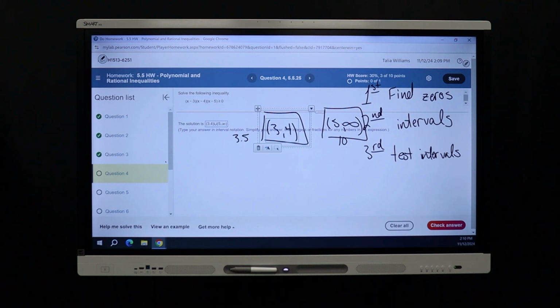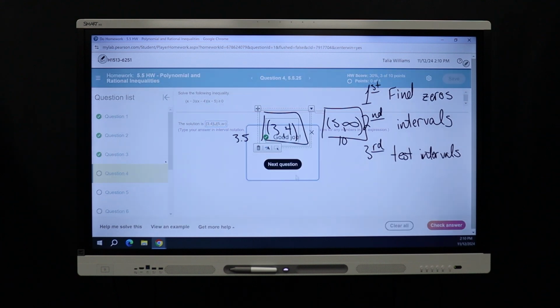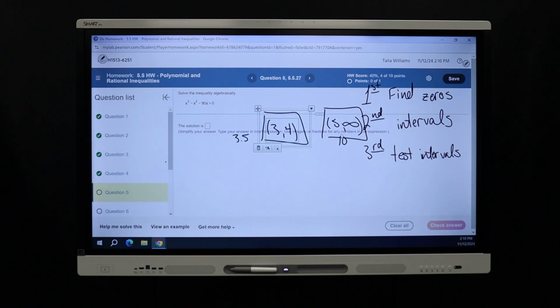We just can't use those values to test our intervals because we would get 0 and that would not work out for testing. So change them to brackets because it has an equal to. If you didn't catch that.